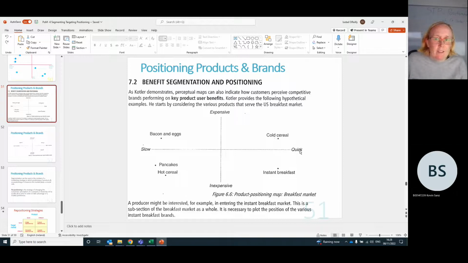So that falls into the quick, but can be a little on the expensive side. I wouldn't have thought so, but this evaluation has termed the branded cold cereals perhaps are in the expensive bracket. Instant breakfasts, of which Pop-Tarts, all sorts of things, some other kinds of things that don't require a lot of standing over, are in the inexpensive bracket.